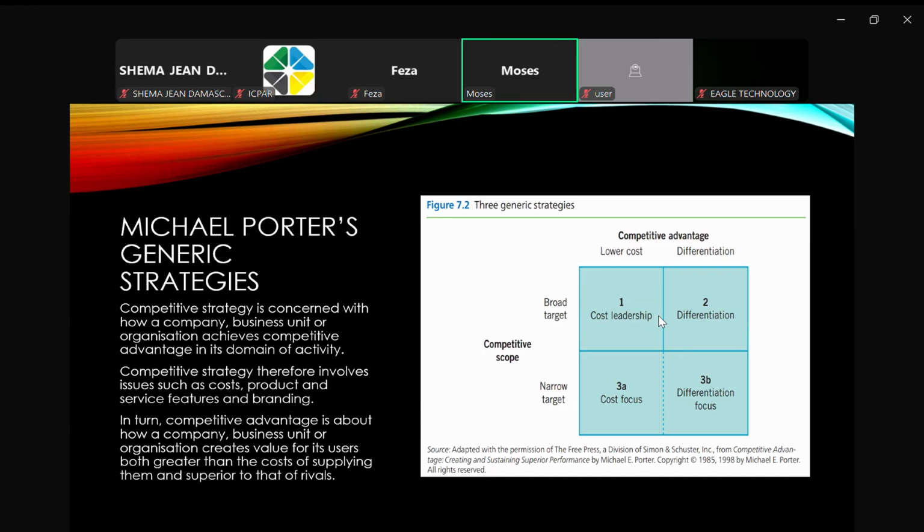I encourage you all to go read about Michael Porter's generic strategies because it is one of the most commonly asked questions. Cost leadership is essentially producing a product at a much lower cost compared to your competitors, and differentiation is essentially being unique.